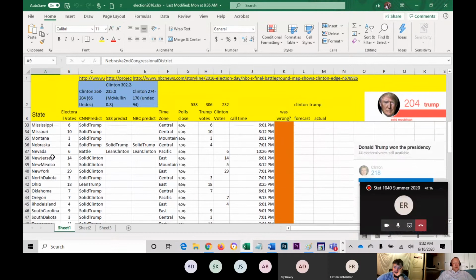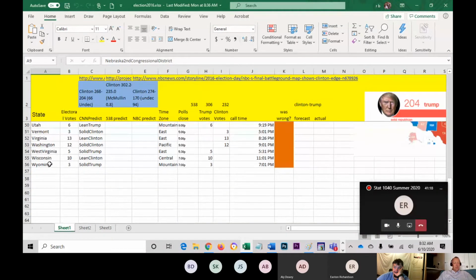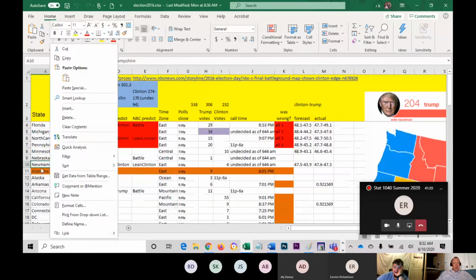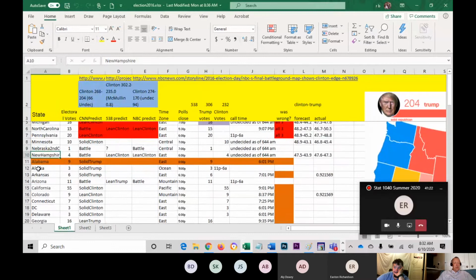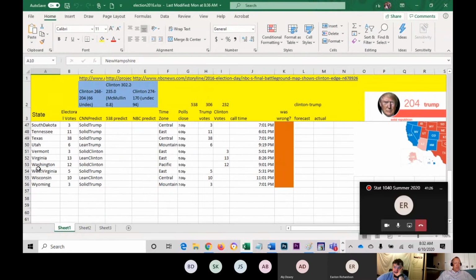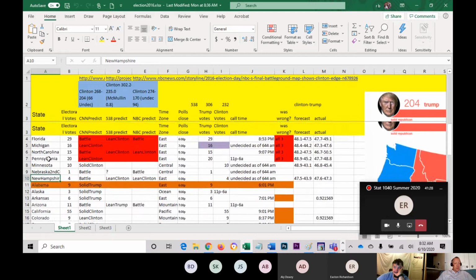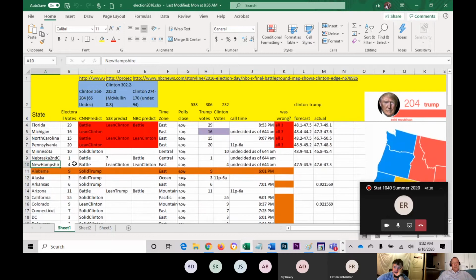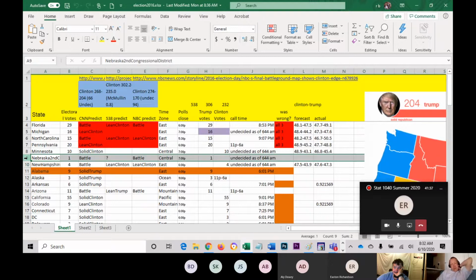And we've also got Washington, D.C. Nebraska's 2nd congressional district was a different poll.